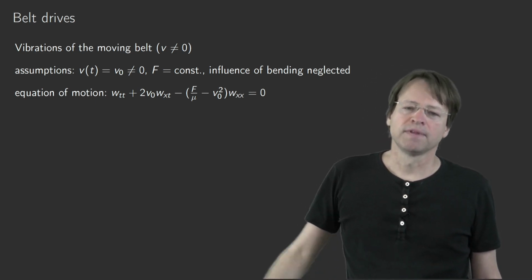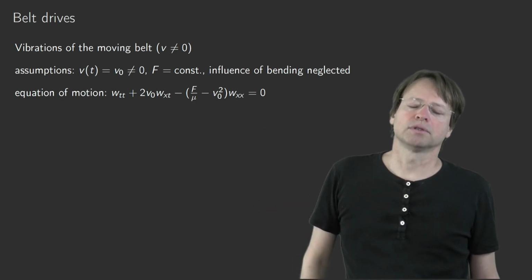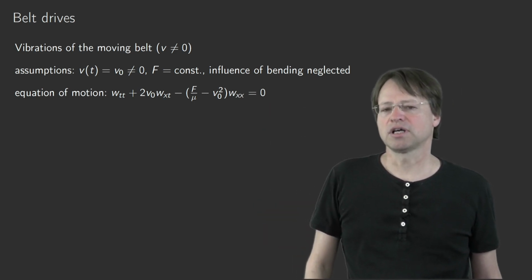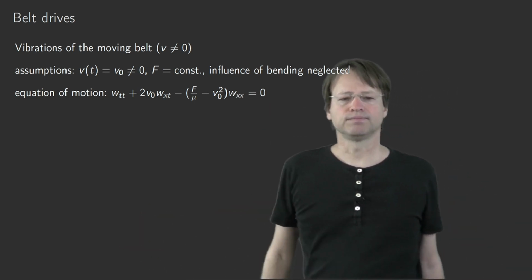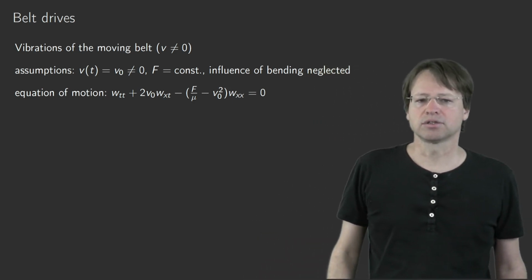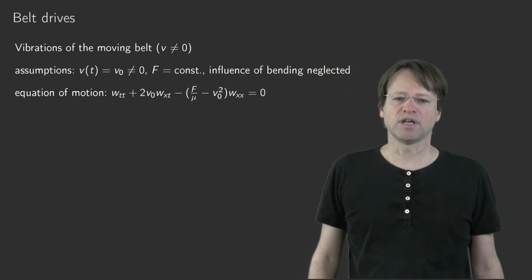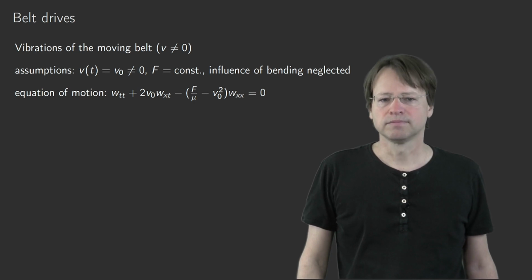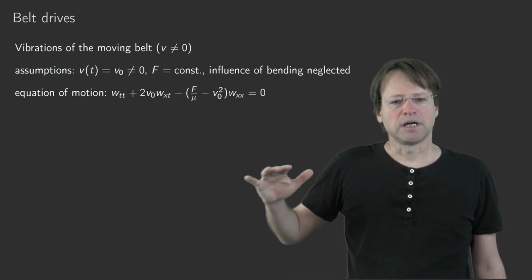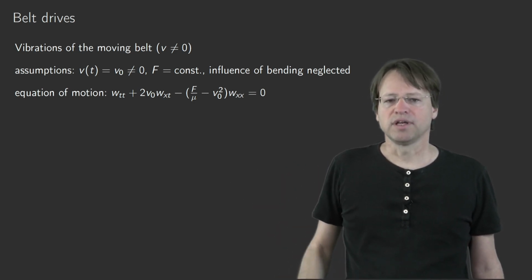As you can see, that equation of motion has a zero on the right-hand side, so one could say it seems to correspond to the situation where we have free vibrations, like for the combined bending and string vibrations.